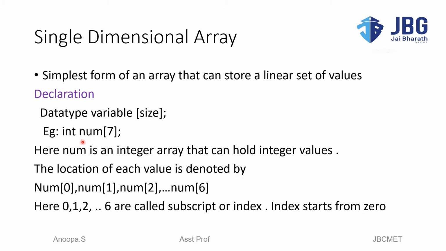So the first value entered will be stored in num[0], second value will be stored in num[1], etc. up to num[6], which will contain the 7th value. Array index always starts from 0. So these 0, 1, 2, 3, etc. are called index or subscript. And keep in mind that it always starts from 0.